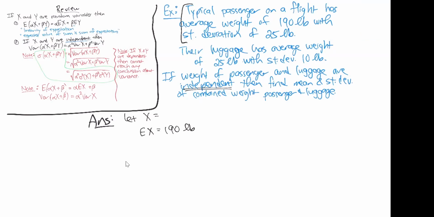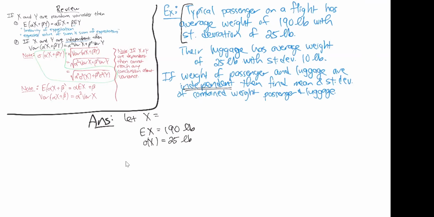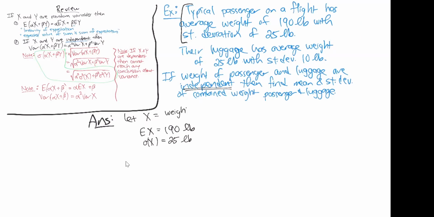And sigma X, or the standard deviation, is 25. And then what is X representing, you said? X would just represent a person's weight, but I don't know how to say that in numbers. Well, we can't just write a number, it's the weight of the passenger.